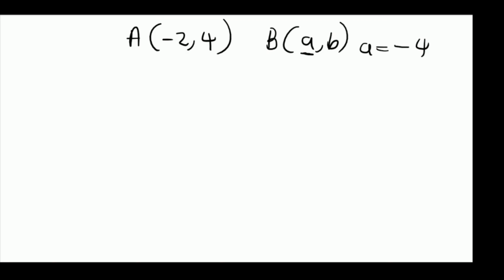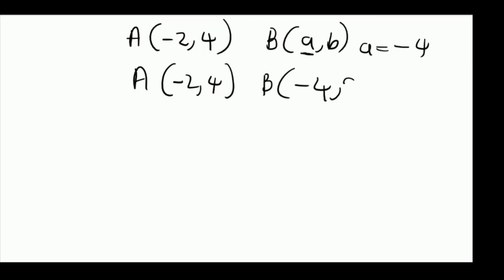So we have a, which is minus 2 and 4, right? And we have b, which is a and b, right? And we know the value of a, which we found to be minus 4, since we're given 4 units. So now we have minus 2 and 4, and we have b, which is minus 4 and b. And we just noted that the gradient of ab is equal to 1.